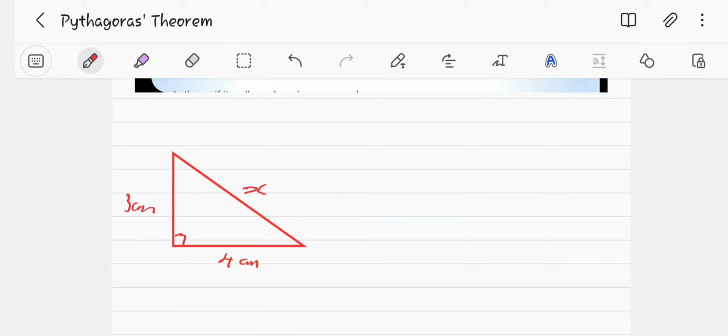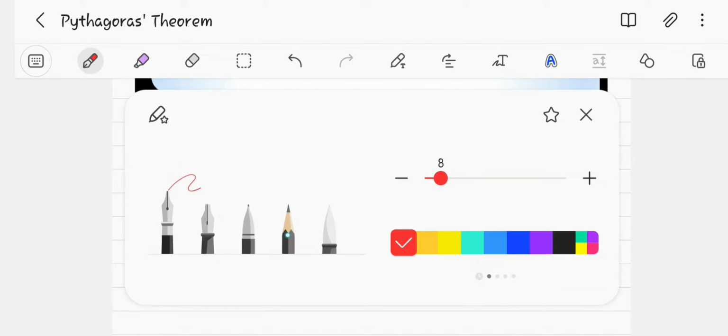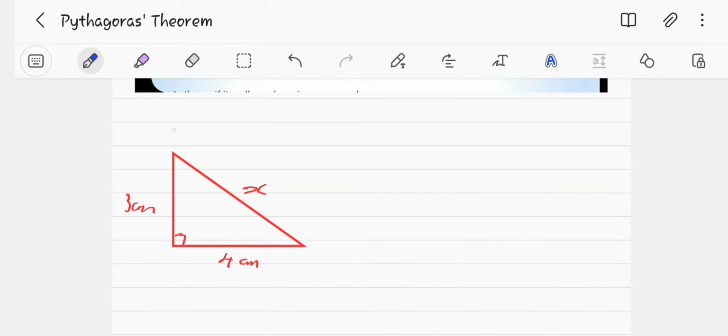So what I would normally do is label my triangle. We don't have to, but it helps us to identify the different parts. So I go A, B, C. And it doesn't matter what you call each side of the triangle. You just have to stick to the principle of Pythagoras' theorem, which is always the square on the hypotenuse.